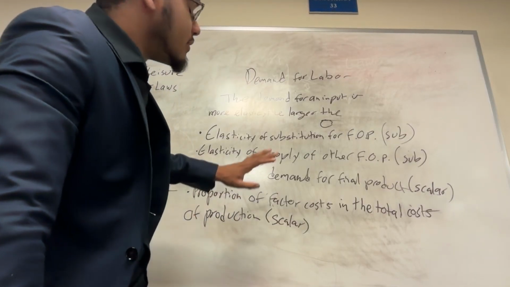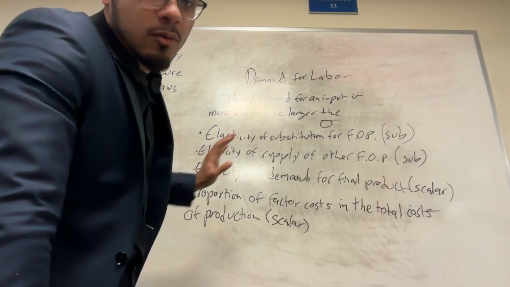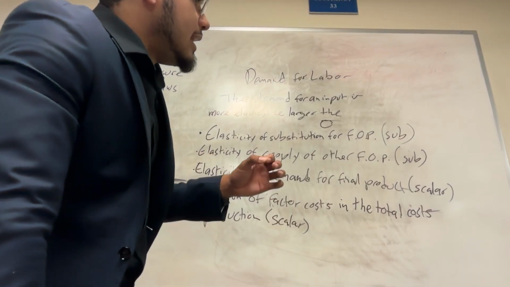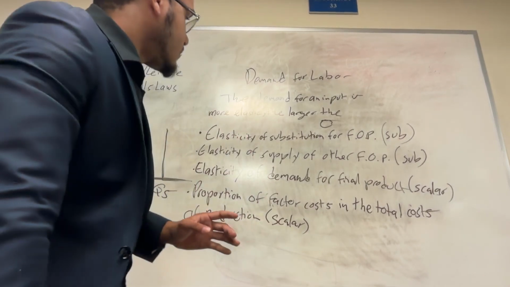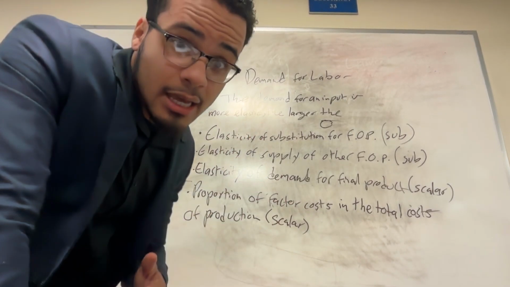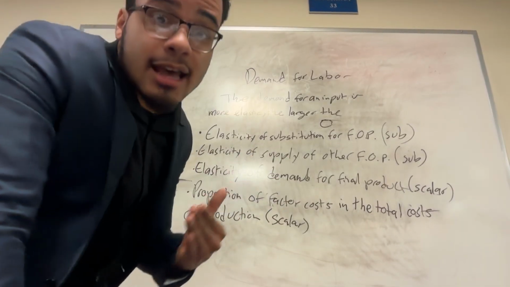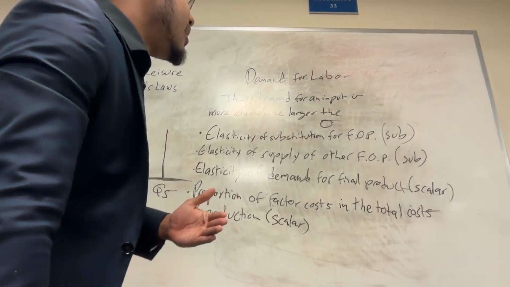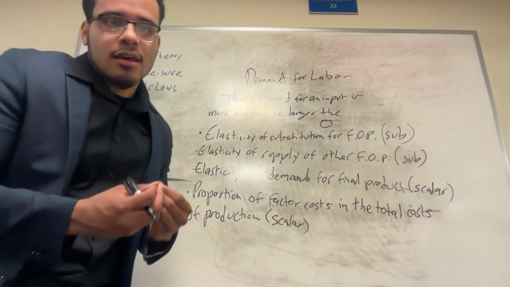But if we talk about those with a very elastic demand curve for the final product, a 1 unit change in price, if it's very elastic, will potentially lead to fluctuations in consumption for that final product. And that could potentially lead to fluctuations in the demand for inputs.